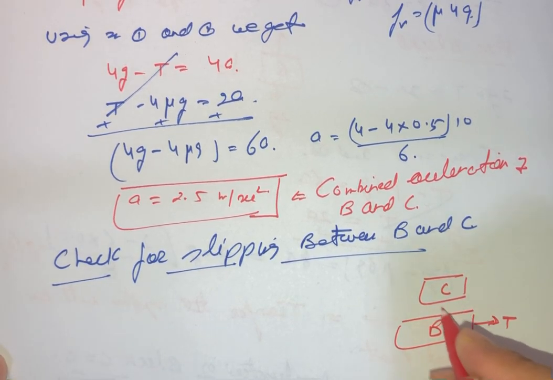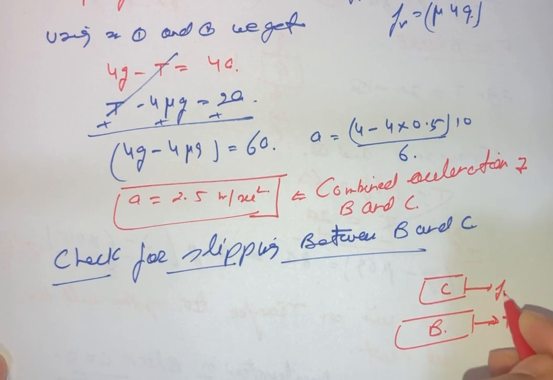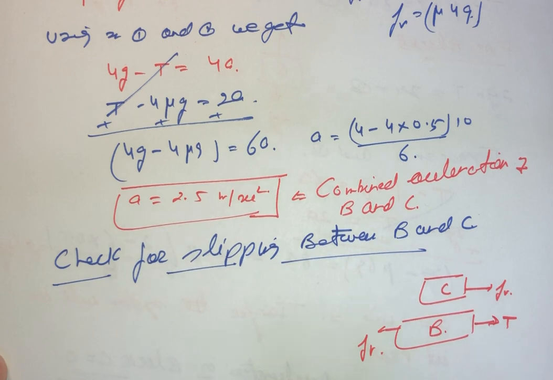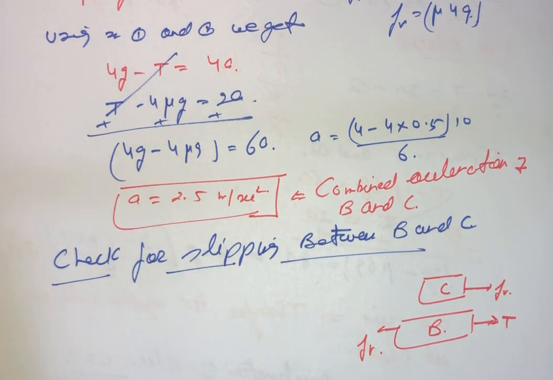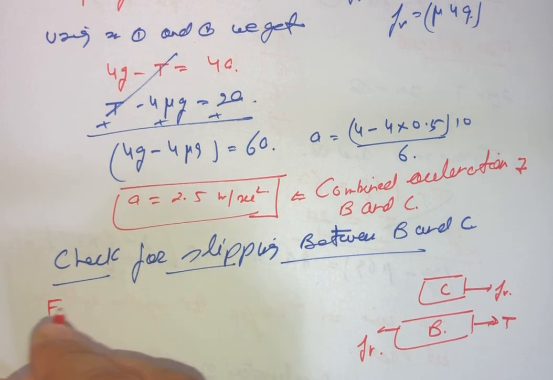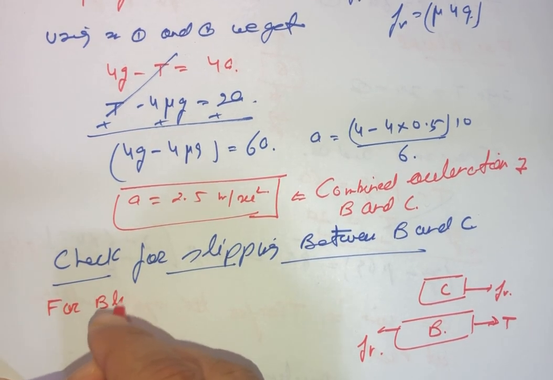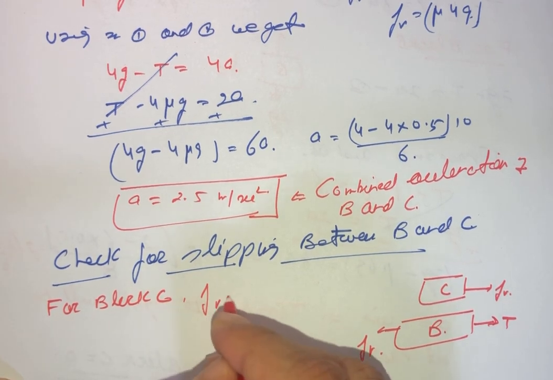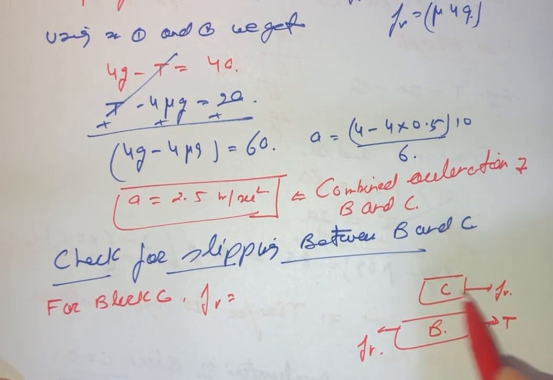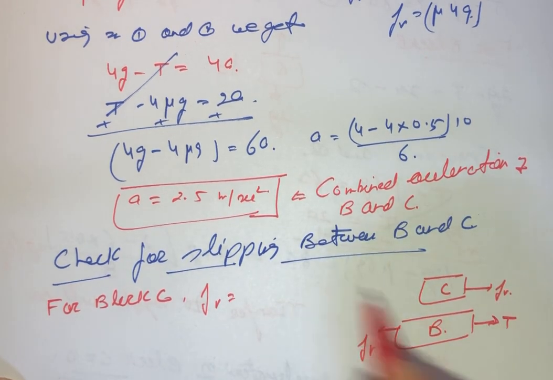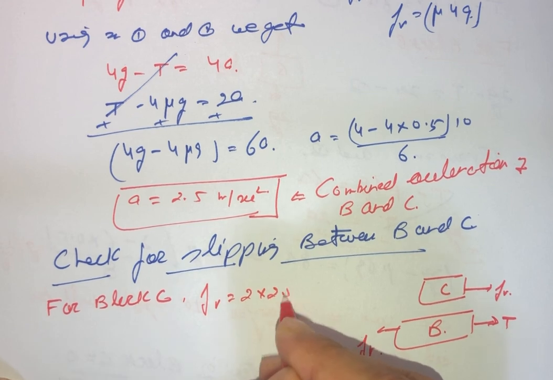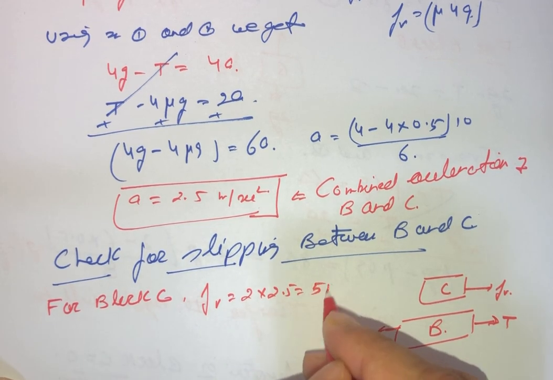As there is friction between B and C, it will be FR, and this will also be FR. So for block C, we know that the acceleration it can have is 2.5. So FR will be equal to 2 into 2.5, which is equal to 5 Newton.